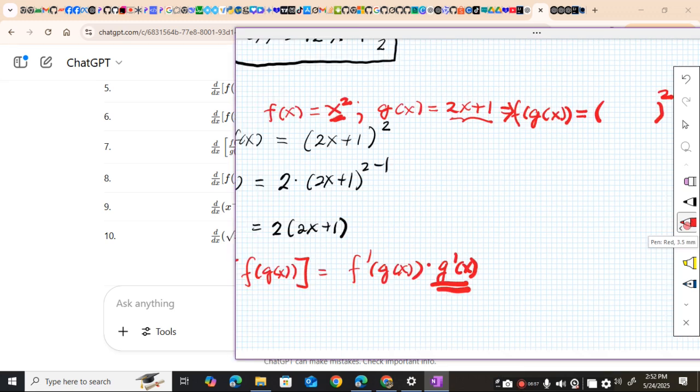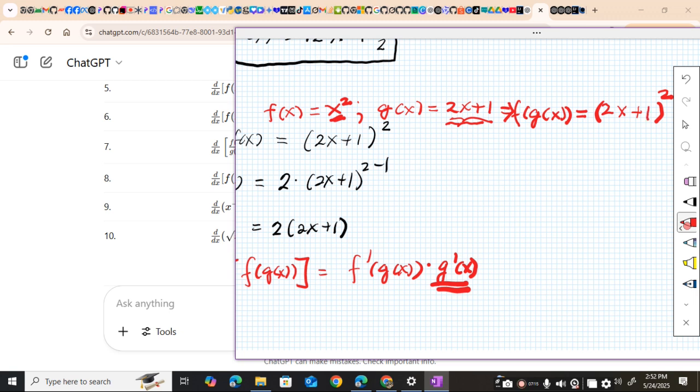As this expression, quantity squared, stands for x squared here, what we place inside is g of x, and g of x is simply 2x plus 1.